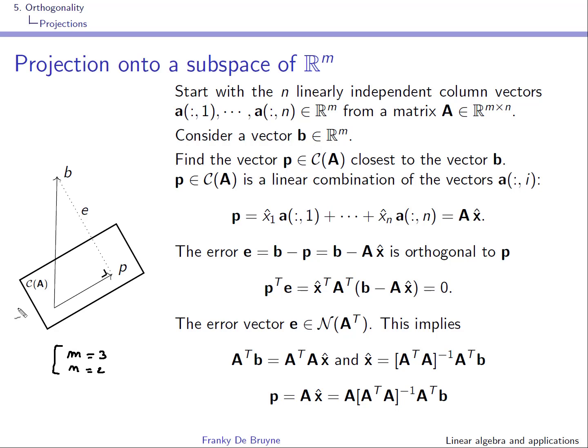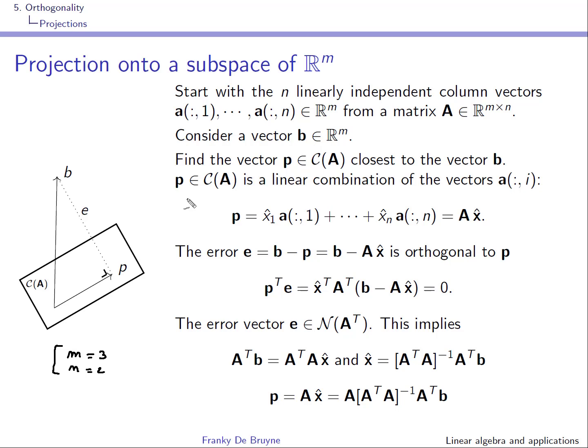And then we have a vector B, and since we are talking about projection, of course B will not be in the column space. It's also a vector of R^m, so in this representation, a vector of R3.